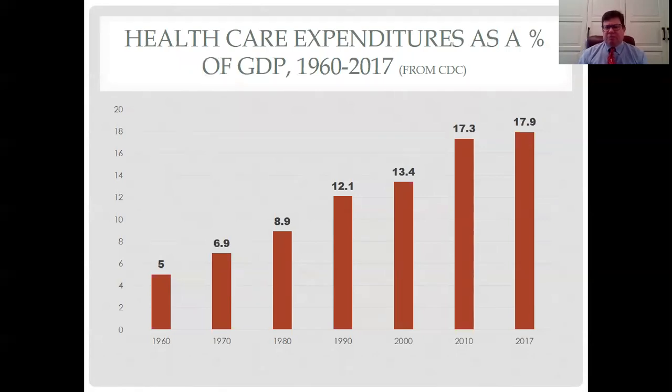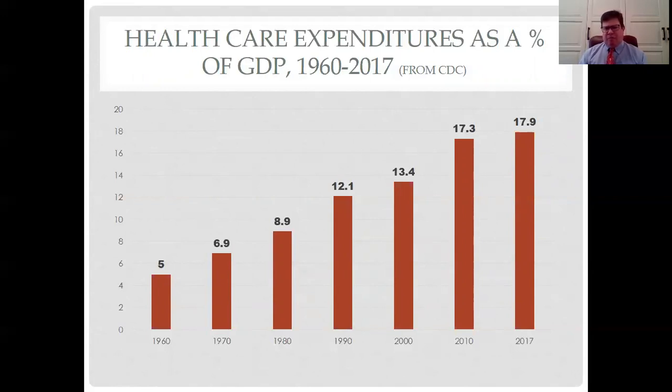Now, one of the biggest problems that we have is the cost of healthcare in the United States. If you take a look at the amount of healthcare expenditures in the United States as a percentage of our overall gross domestic product, or what we kind of see as the economic development in the United States, we would see that it's grown from 5% of the overall expenditures in the whole country in 1960 up to about 17.9% of the overall economy.